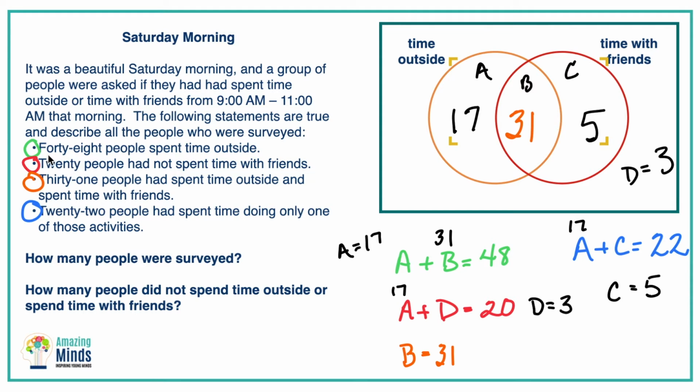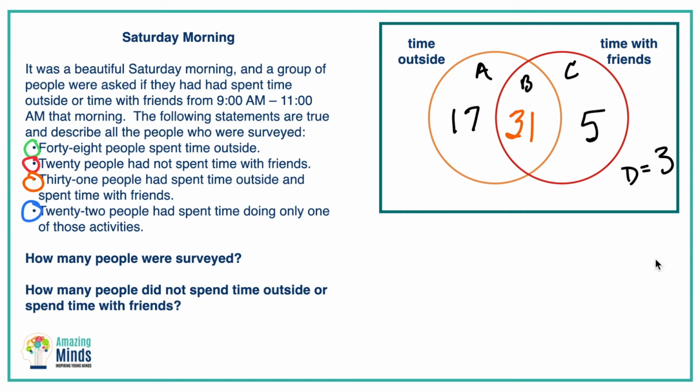You can check your work by just looking at this. 48 people spent time outside. Well, there are 48 people inside this circle. 20 people had not spent time with friends. Well, 17 plus 3 is 20. 31 people had spent time doing both, and 22 people had only done one of the activities. So now you've got your Venn diagram. You just have to look at your questions.